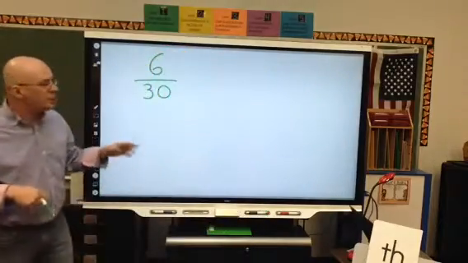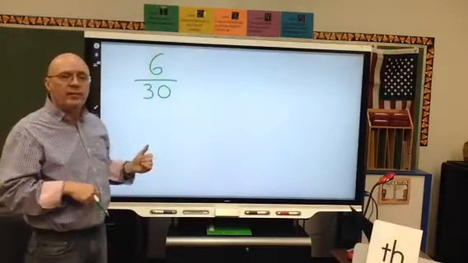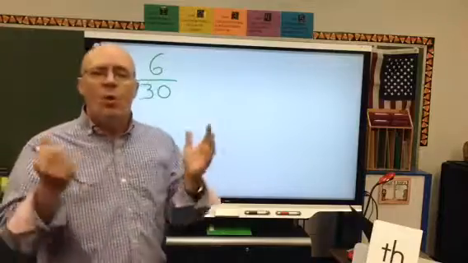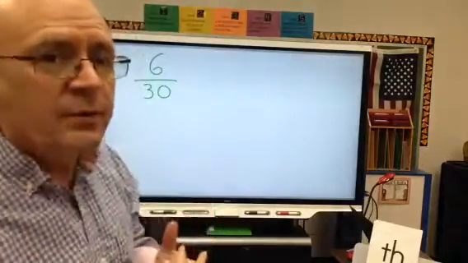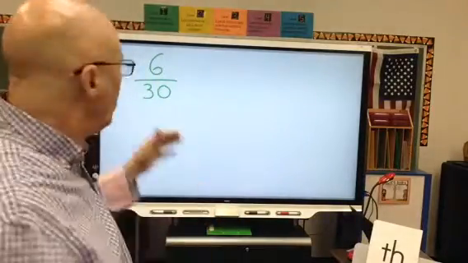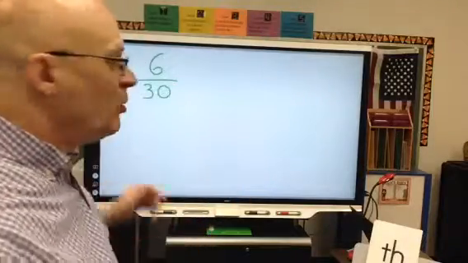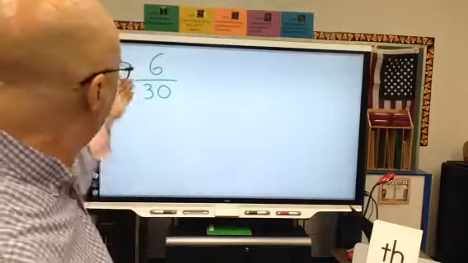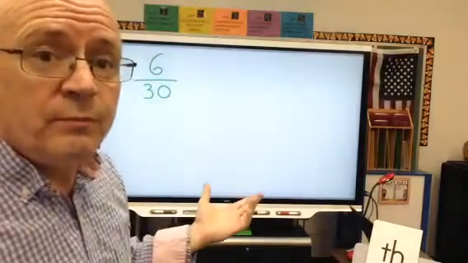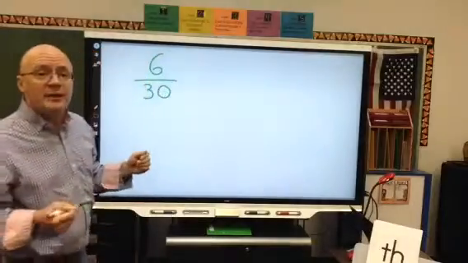But what you want to do is look at the numerator and the denominator and say, what number can divide into those evenly, right? What one can I divide each of those numbers by evenly? And you may look at that and say, well, I can divide each one by 2, right? So let's divide each one by 2.